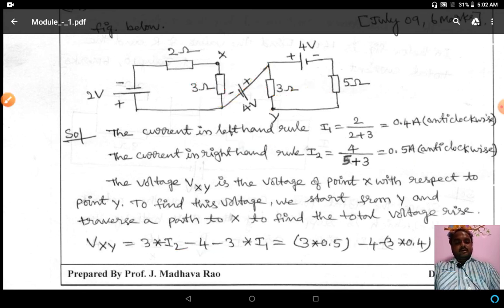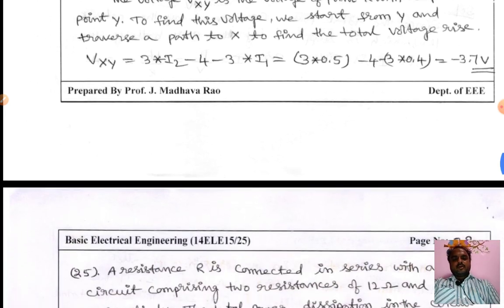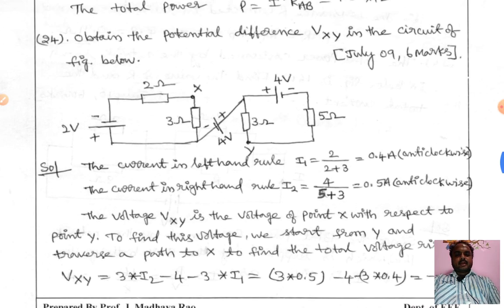So 3 into 0.5 amperes, the I2 value is 0.5, minus 4 minus 3 into 0.4, that is equal to 3 minus 3.7 volts, right?